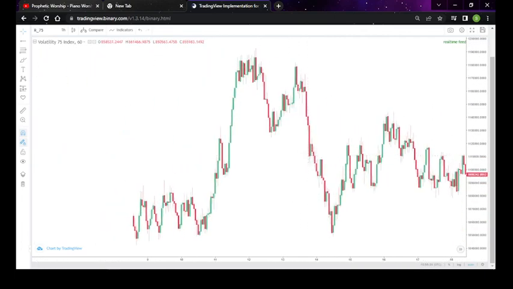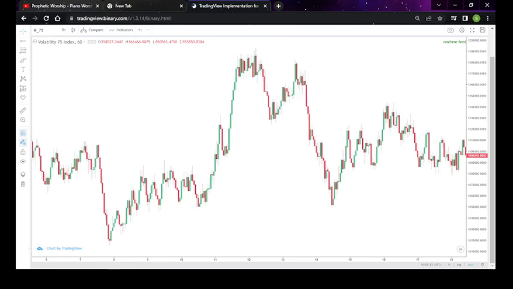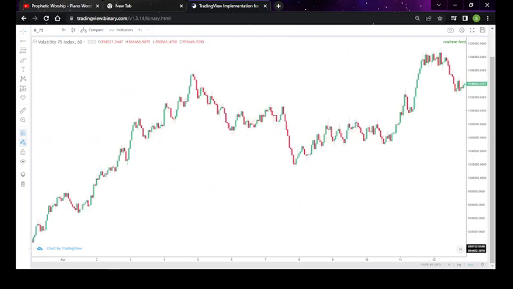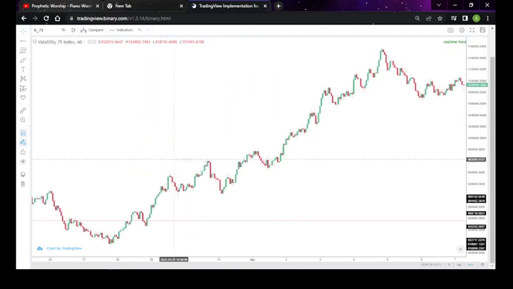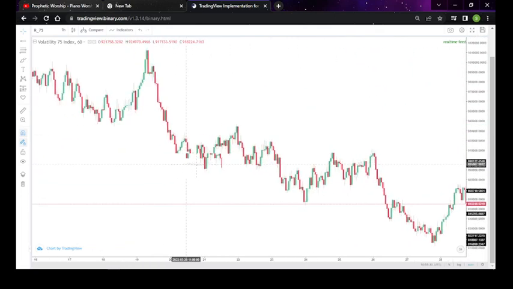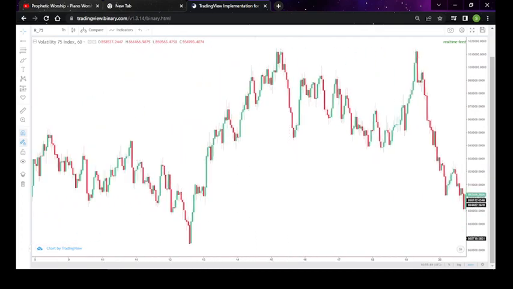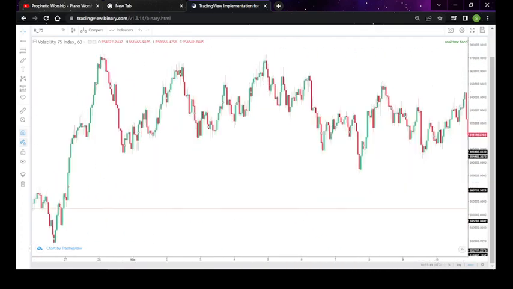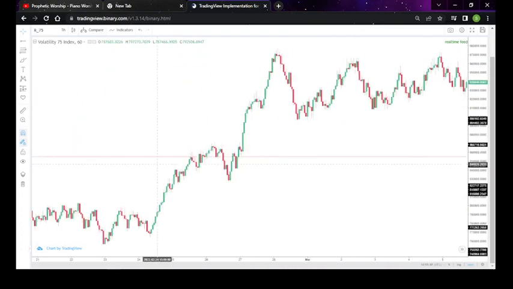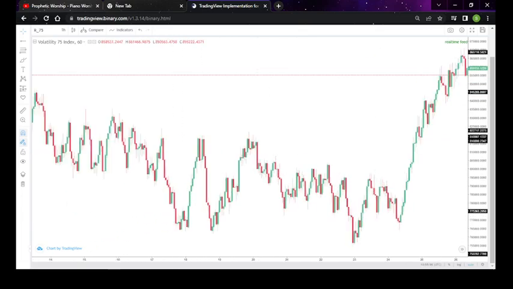If we don't find something useful here, we are going to find it on other indices. I'm trying to find somewhere where you can draw a good horizontal support and resistance, but I can see here there's no clear movement.